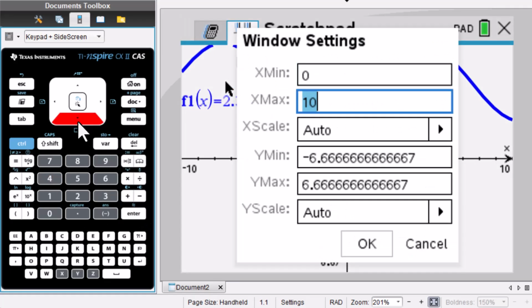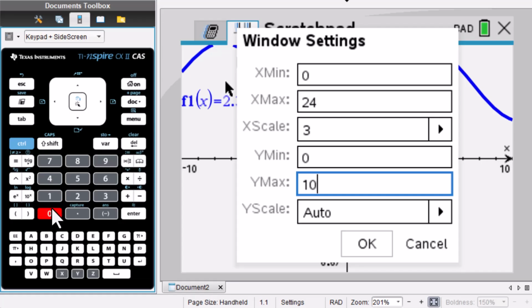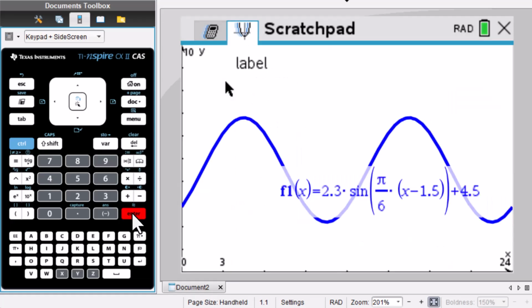Minimum x value is 0, maximum is 24. We use this 24 divided by 10, it's 2.4, so we will use 3. Minimum value, let's use 0, maximum is 10. 10 divided by 10 is 1, then enter.